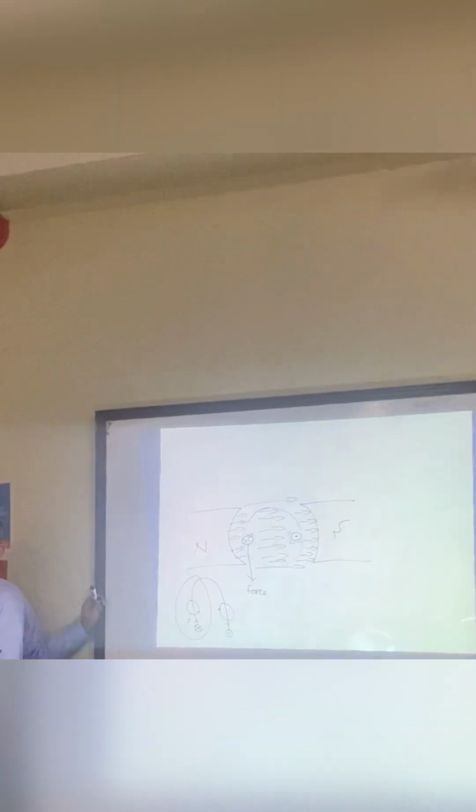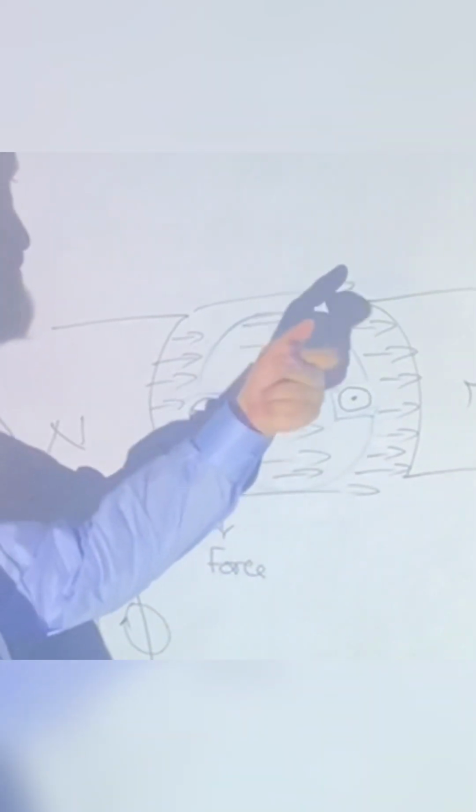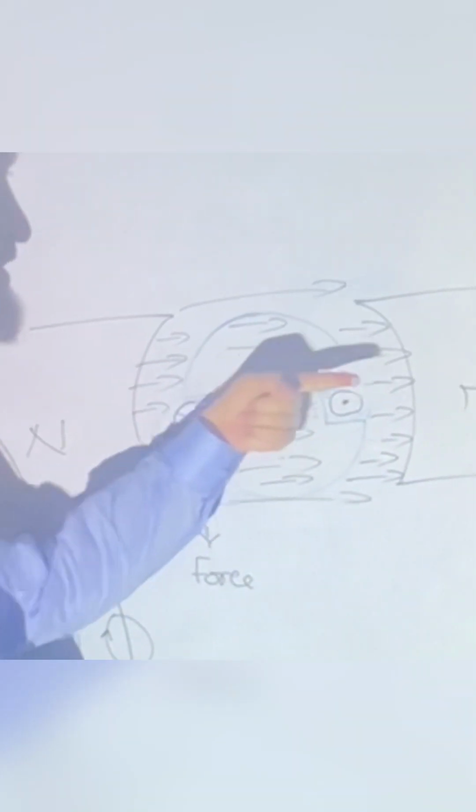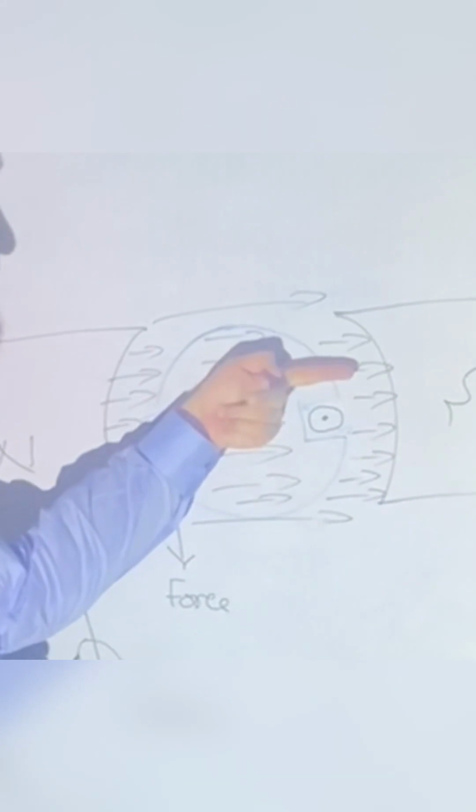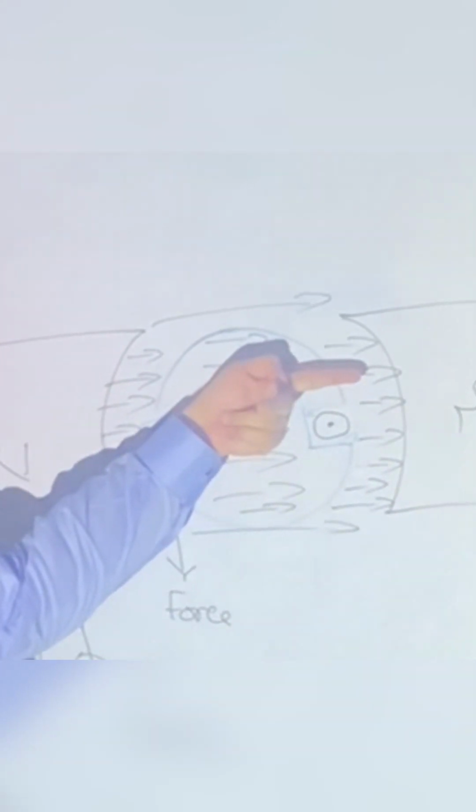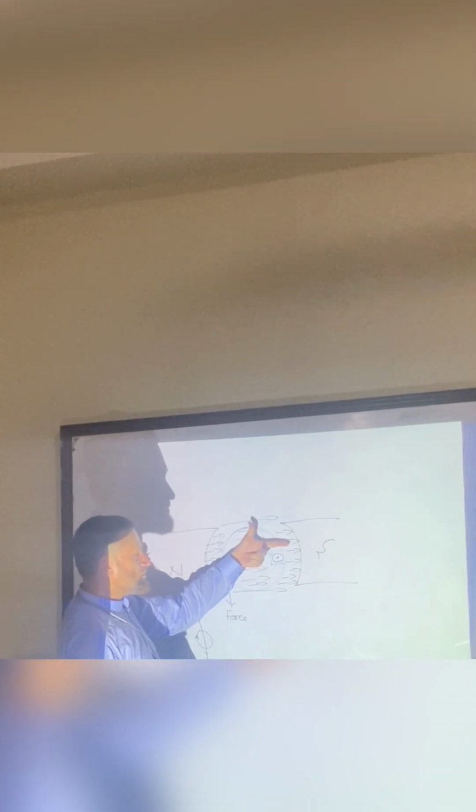Whenever the current is flowing out. And how about this one? The current direction is outside the board, so over here the flux direction is in this direction, and the current direction is this one. Understand? So how about the force? Upward.